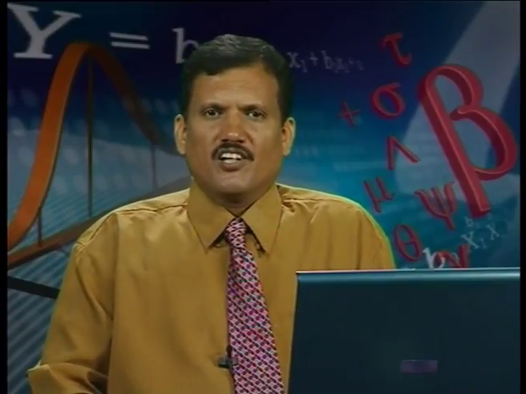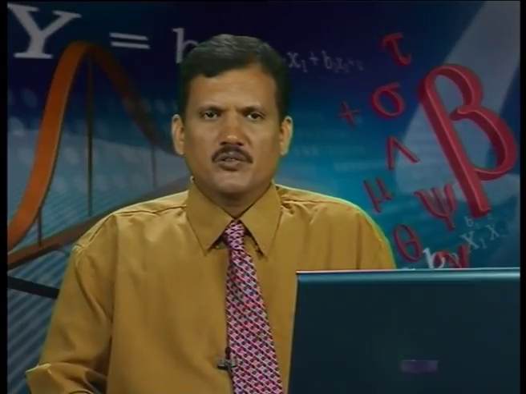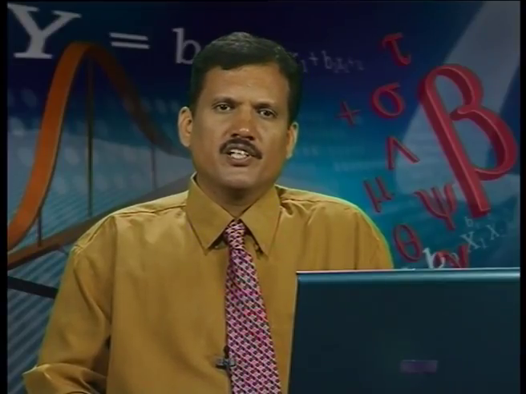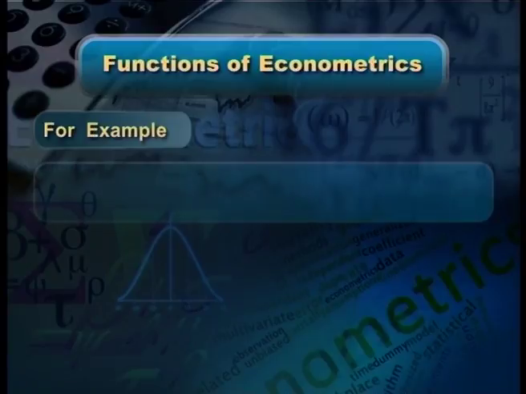So, are they true or not? This can be tested. So, the statements are all called hypotheses. A hypothesis means it is a statement of theory. So, that can be tested.